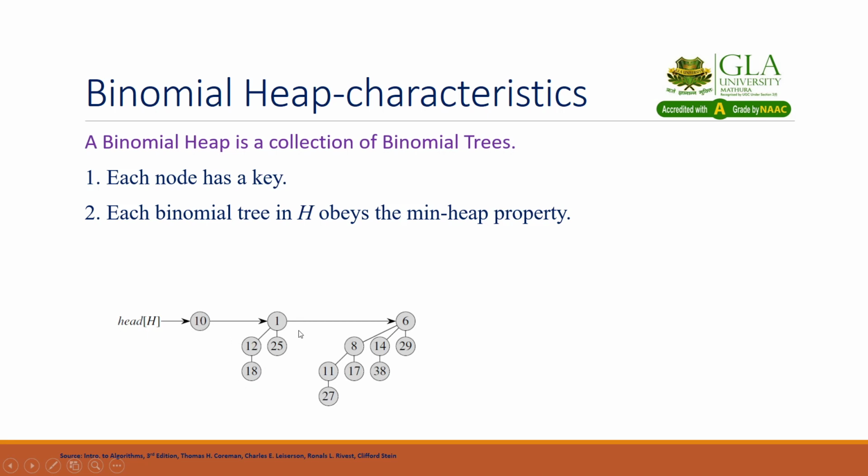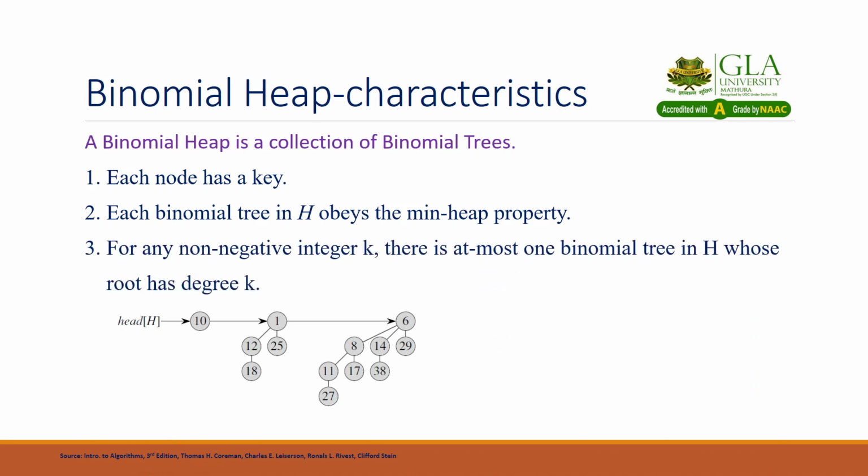But if we talk about this one, this is order 2, with 4 elements, and the root element is smaller than its children. And if we talk about 12, 12 is also smaller than 18, and 25 has no children. Now we will discuss 6. 6 is smaller than all its children. Then 8 is smaller than 11 and 17. 14 is smaller than 38. 11 is lesser than 27. So that will always follow the min heap property.